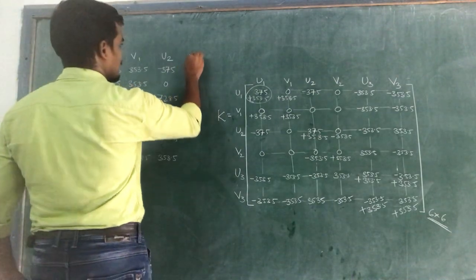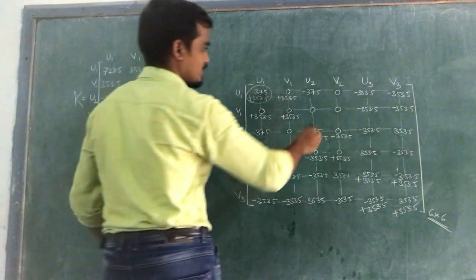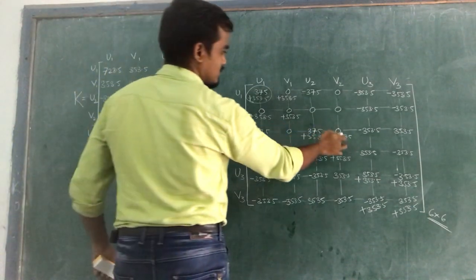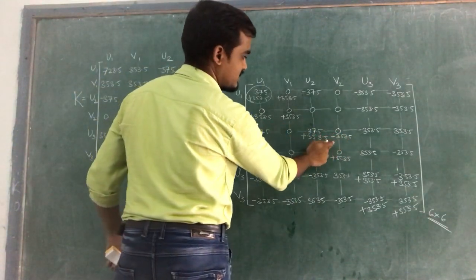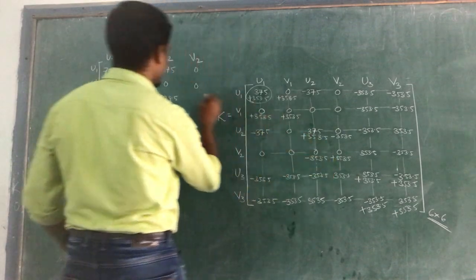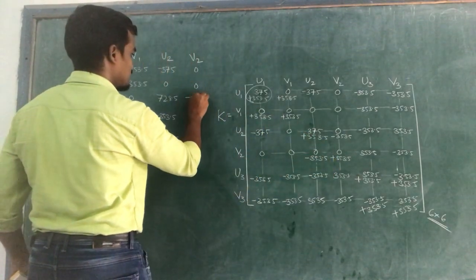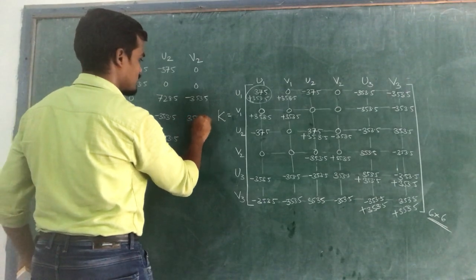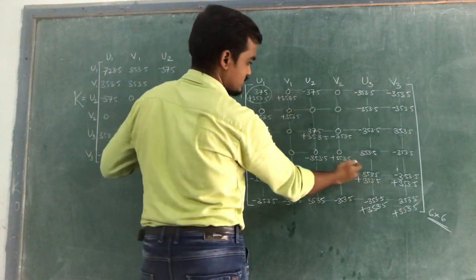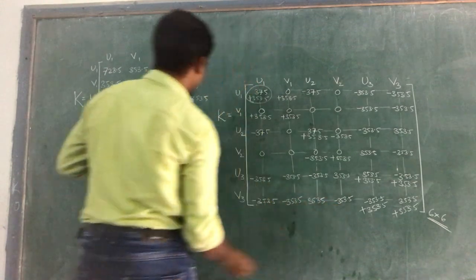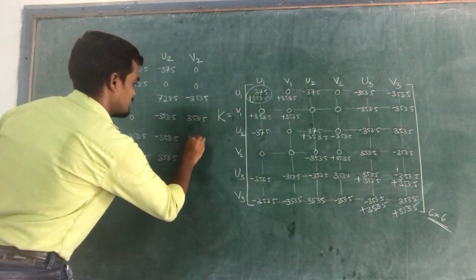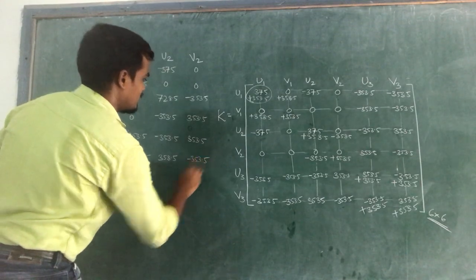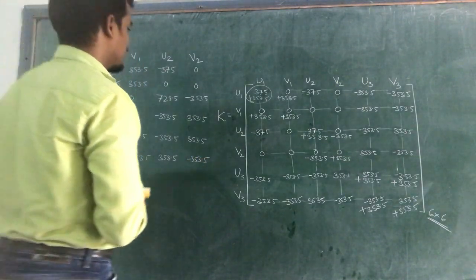Okay, then V2, 0, 0, minus 353.5 plus 353.5. V2 was 353.5 minus 353.5, 353.5 minus 353.5.